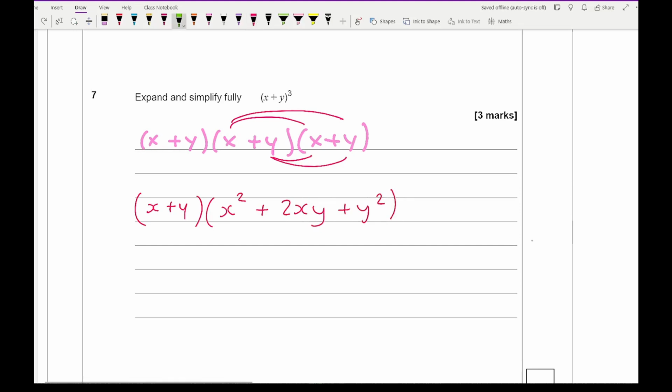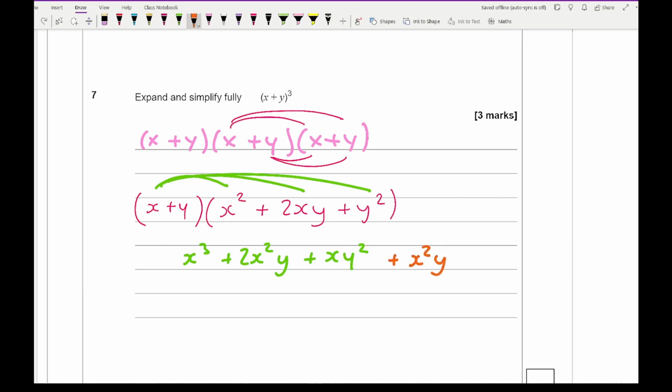And then expanding the terms out, I get x cubed plus 2x squared y plus xy squared, and then I'm going to get plus x squared y plus 2xy squared plus y cubed. All that's left for me to do is expand and simplify.